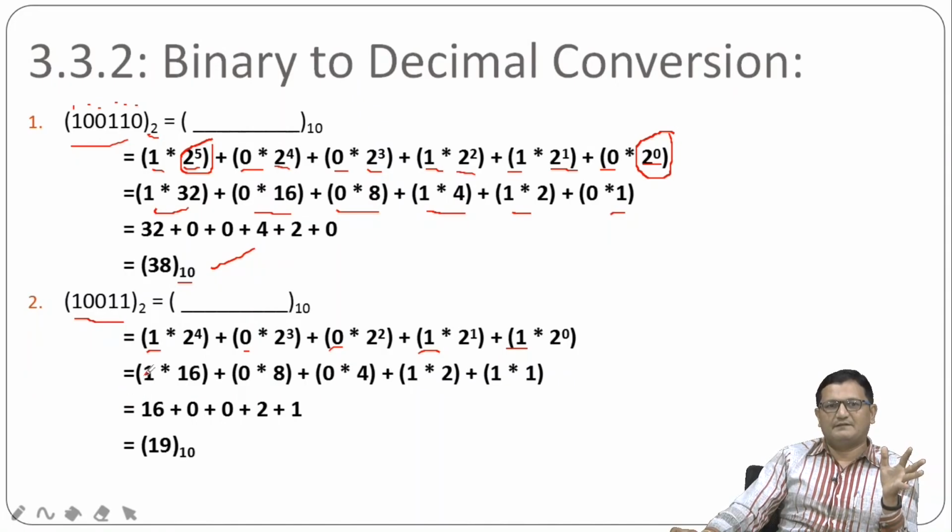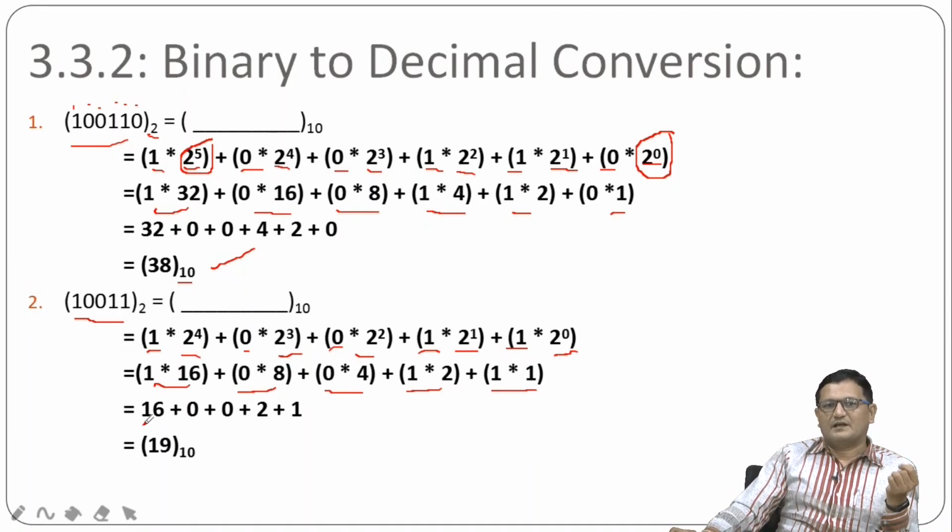So, obviously, we will start with 2 raised to 4, 2 raised to 3, 2 raised to 2, 2 raised to 1 and 2 raised to 0. 2 raised to 4 is 16, so 1 into 16. 2 raised to 3 is 8, so 0 into 8. 2 raised to 2 is 4, so 0 into 4. 1 into 2 because 2 raised to 1 is 2, and 1 into 1 because 2 raised to 0 is 1.